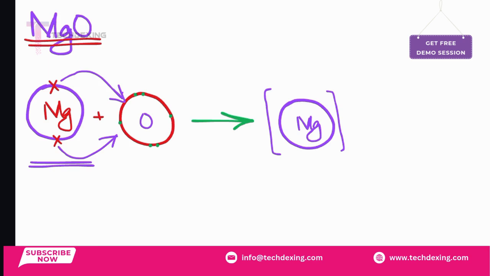You can see that magnesium has given 2 of its electrons to the oxygen. And I told you in the previous example that whenever an atom loses an electron, it always gains positive charge. So the charge on the magnesium ion would be 2 plus. Okay. Yeah, 2 plus.